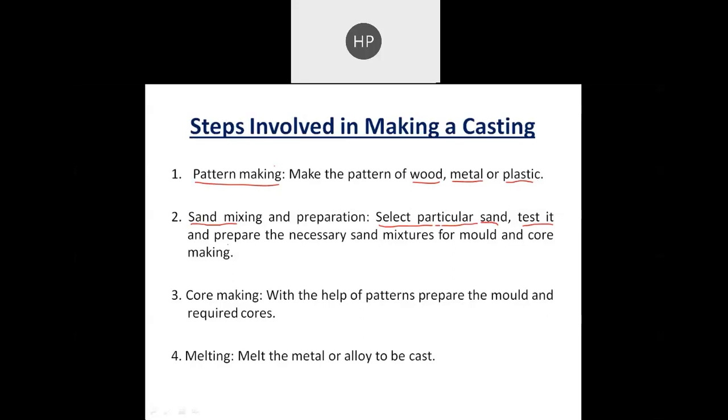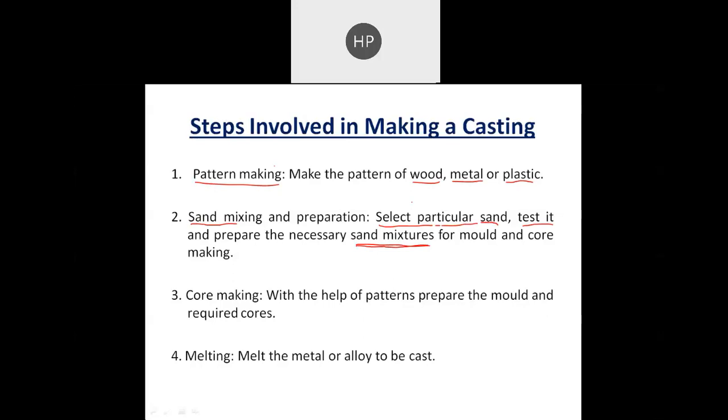Then we prepare the necessary sand mixture for mold and core making. Why do we have to mix the sand? Because if we use only sand, it is dry, and we cannot make the mold from dry sand. So we have to add some cohesive agent into the sand, like clay and water.